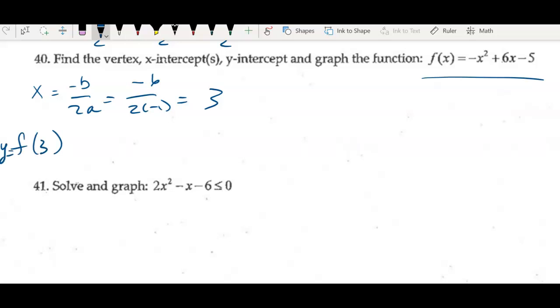So your y value is f of 3. Please notice that the negative is on the outside. Only the 3 is being squared, not the negative sign. That's why it's very important to only put the solution in the parentheses.